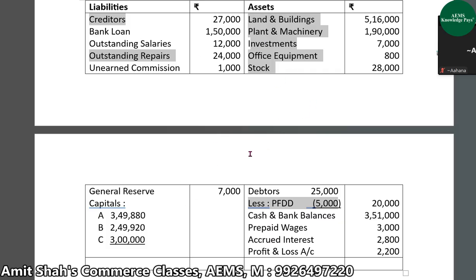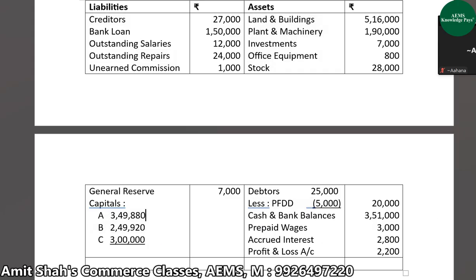Now, because of this revaluation, we had a loss of 200. That loss has to be borne by the old partners, and that is what they did in their old ratio. And because of that, their capital balances have decreased by rupees 120 and rupees 80 respectively.